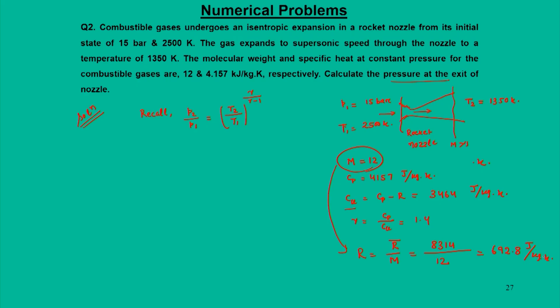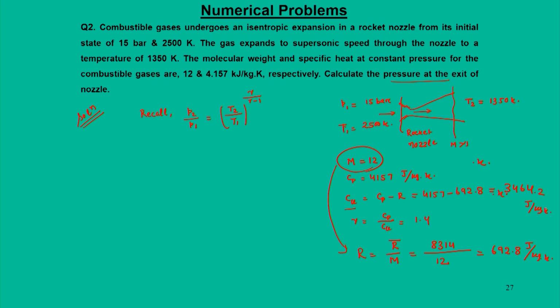So, if you see here, then Cp is 4157 and Cv is 4157 minus 692.8. So, this turned out to be 3464.2 joule per kg Kelvin.